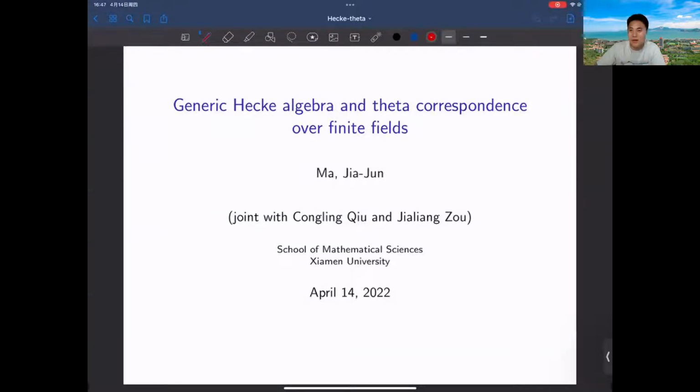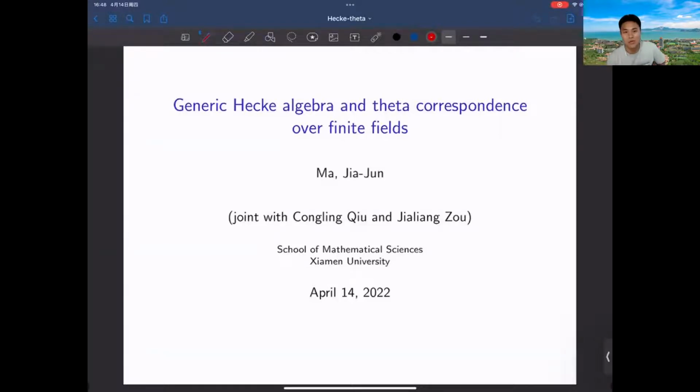Shu-Yen Pan also did a lot of work on this and gave very detailed information on the theta correspondence over finite fields. By the way, this should also include Roger Howe and Sharma Gerbrich. They also did a lot for theta correspondence over finite fields.